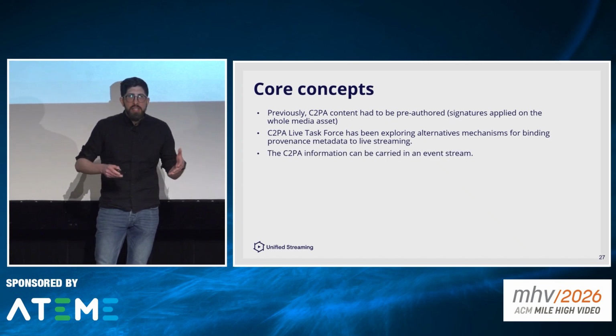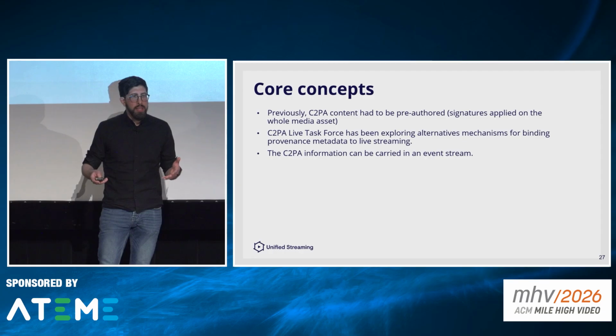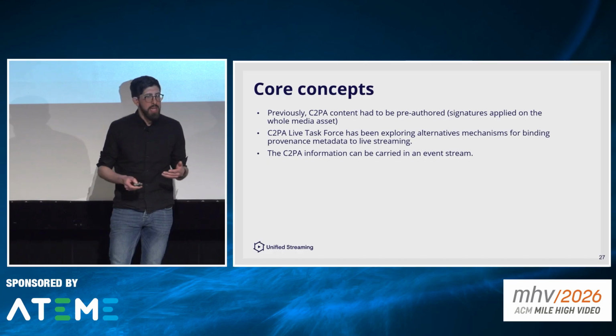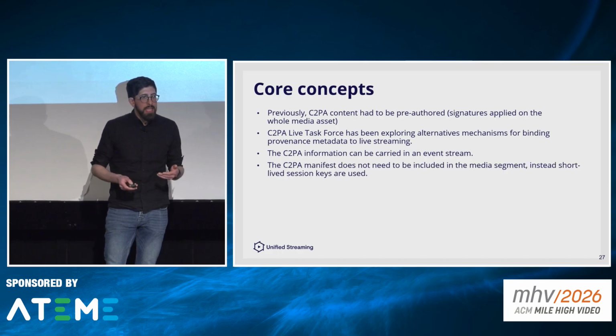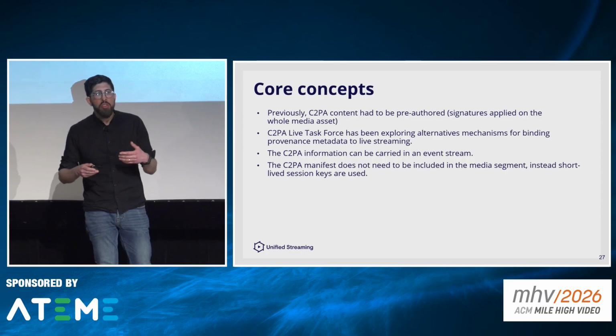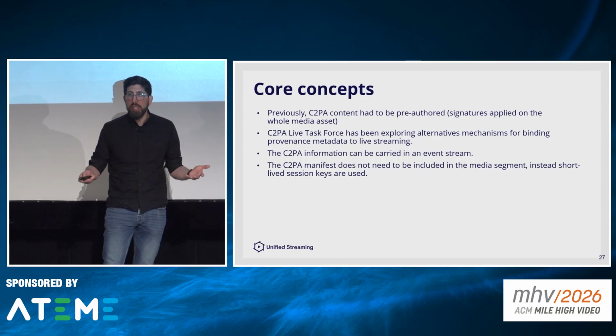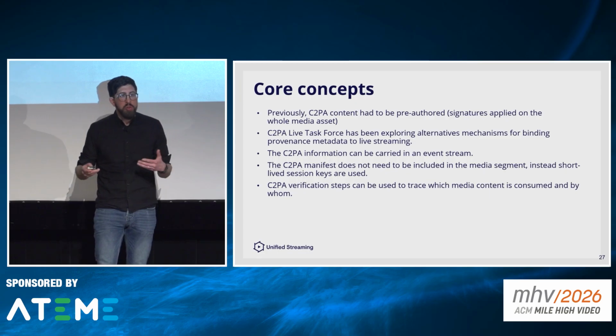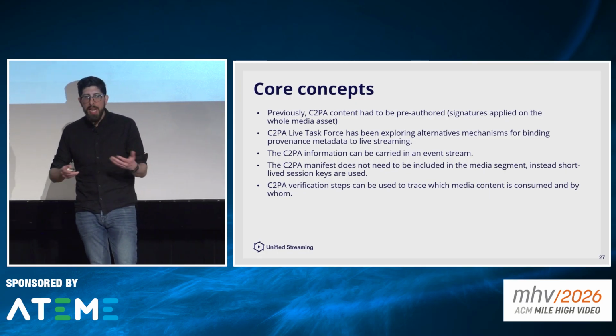In this work, the C2PA metadata is carried in an event stream. I'm pretty sure a lot of people here are familiar with event streams. The C2PA metadata manifest does not need to be included in the media segment. Instead, we use something called short-lived session keys. The C2PA verification steps can be used to trace which media content is consumed and by whom.